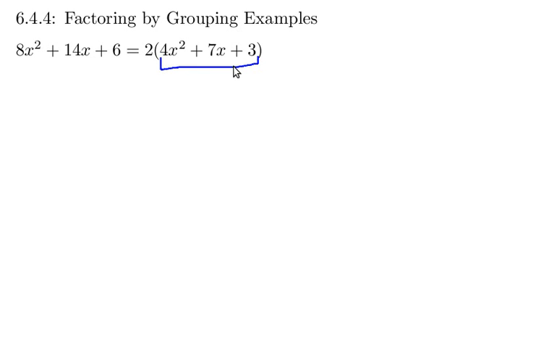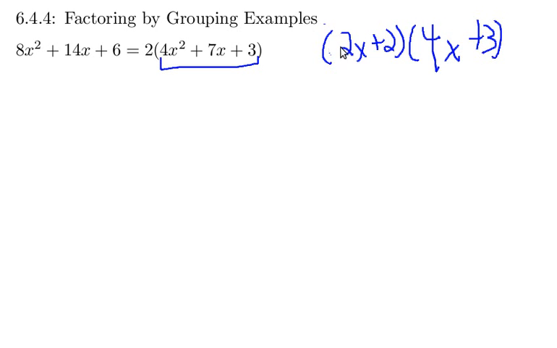And you can kind of see that in the answer I gave in the previous video. The answer was 2x plus 2, that's not a parentheses, times 4x plus 3. Well, you could factor out a 2 from this, and you'd have 2x plus 1 times 4x plus 3.